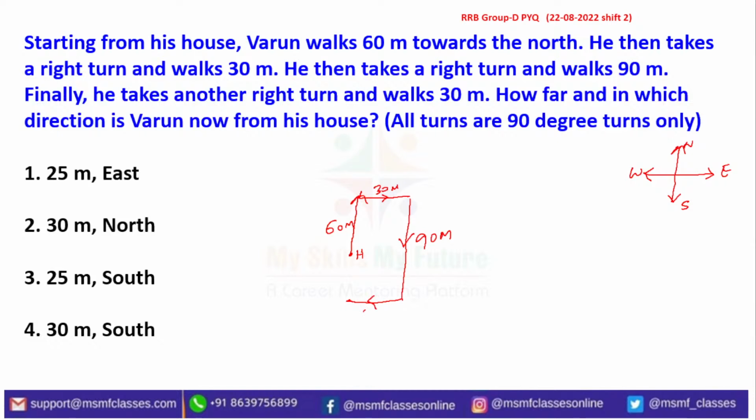So these 30 meters and the distance here are the same. Here 90 meters is there, here 60 meters is there. So here to here, the distance is 30 meters. So what is our question?